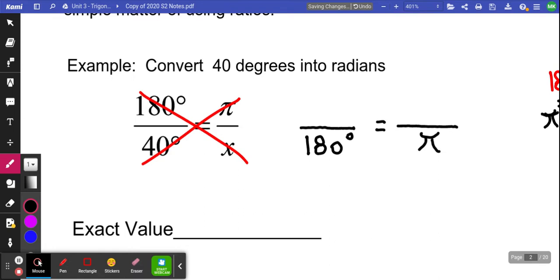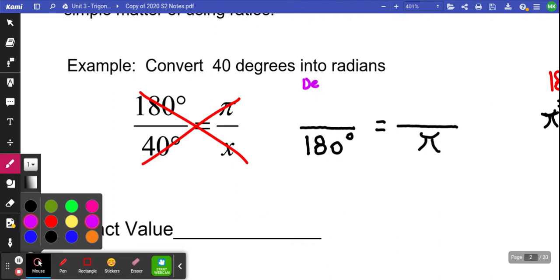The one on the left has it on the top. I think that just makes it harder. Every one of my fractions is going to start like that because I know that 180 degrees equals pi radians. I know that's true. On the top of your fraction, we'll go degrees on the degree side. So this would be my degree side. And radians on the radian side. So this would be my radian measurement.